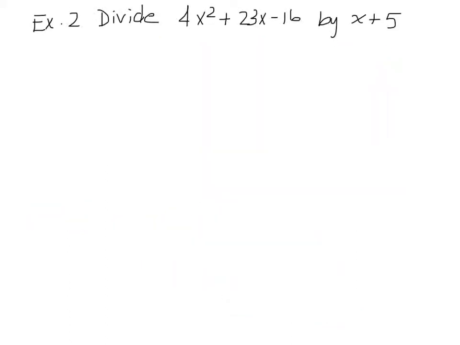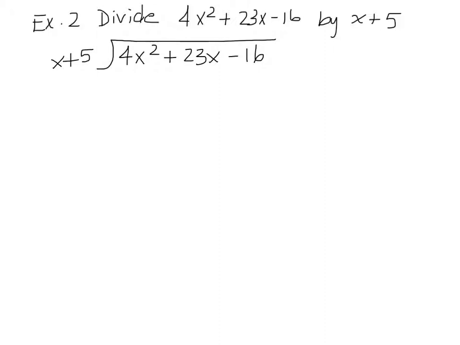Here's our next example. The polynomial that we're dividing goes under the radical. The polynomial that we're dividing by goes on the outside.